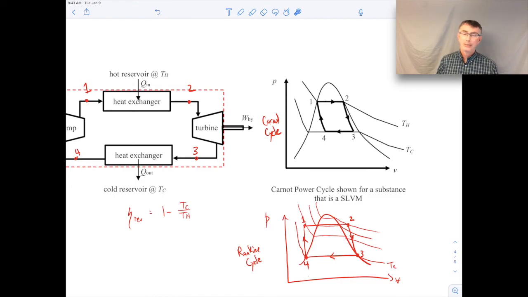If you had the same reservoirs, the same TC and the same TH, then they would have the same thermal efficiency, guaranteed. But even though they're reversible, the TH for the ideal Rankine cycle, as I've drawn it here, is different. So it will have a smaller thermal efficiency because its average TH is smaller.